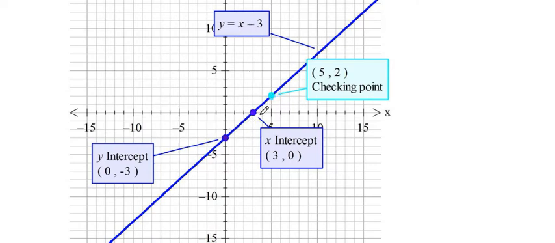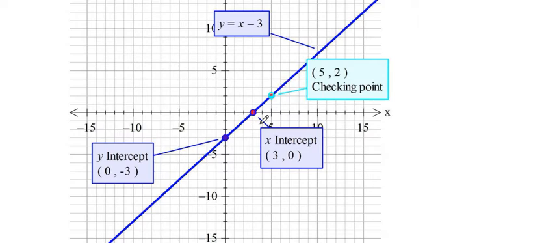Let's say x equals 3, y equals 0, right? So there's a point (3, 0). X equals 5, y equals 2, so there's another point. Okay, so we get this line, which is the line for the equation y equals x minus 3.